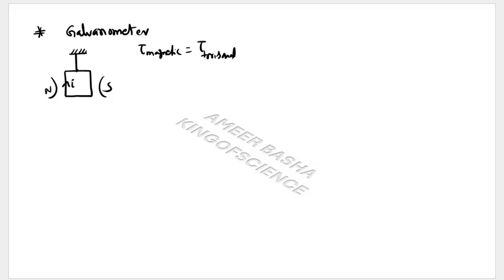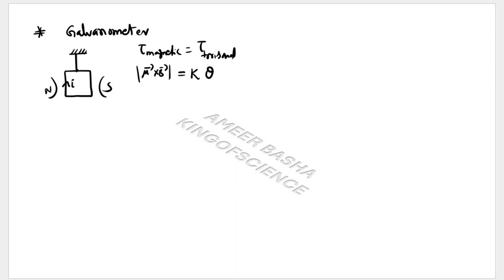The magnetic torque I can write as mu cross B, where mu means magnetic moment. Mu cross B is equal to the torsional constant K multiplied by the angle turned, K theta. So here it is mu B sin theta.